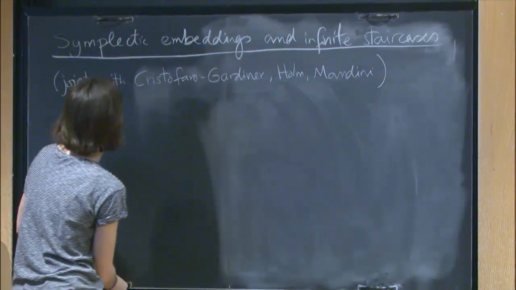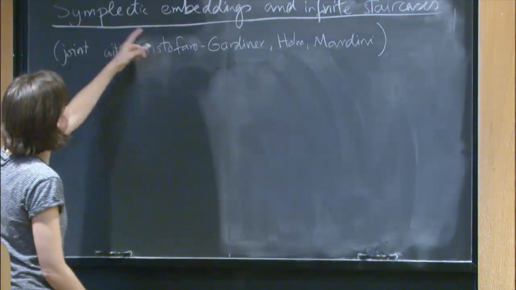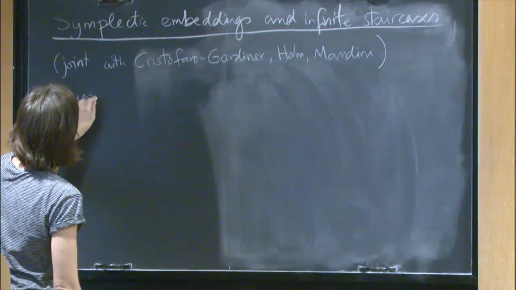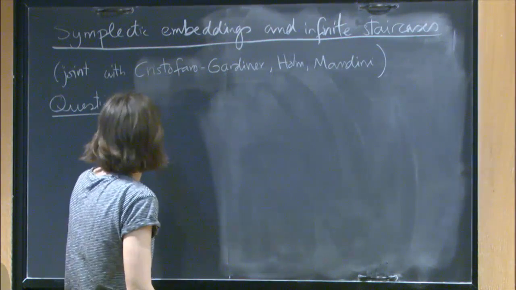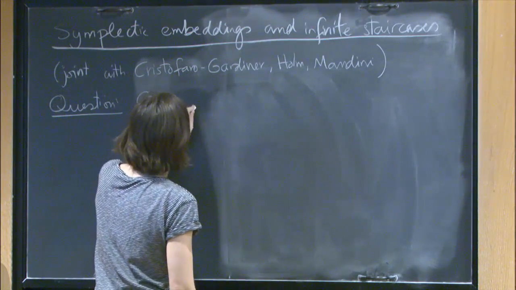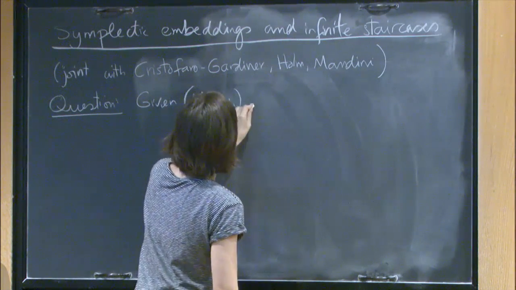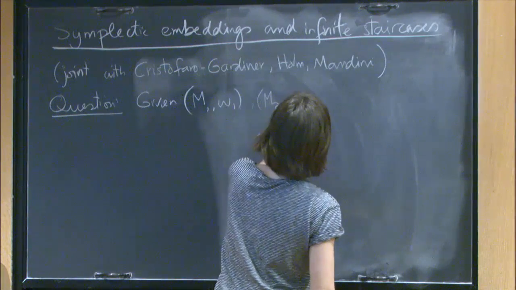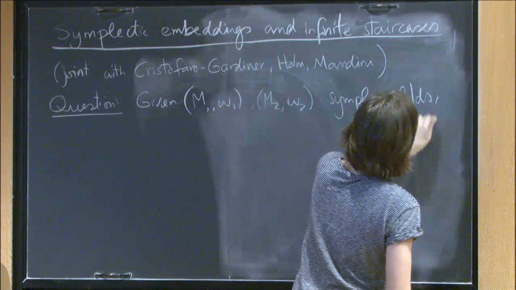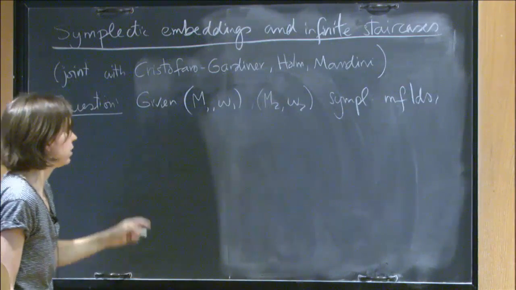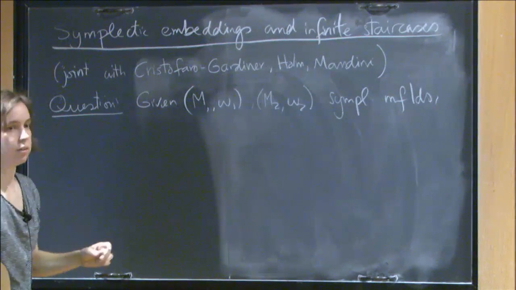Okay, so I'll first talk about the basic question for symplectic embeddings. It is very easy to pose. Given two symplectic manifolds, when does a symplectic embedding of one into the other exist?